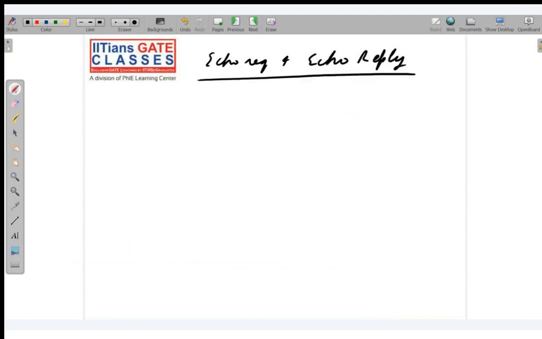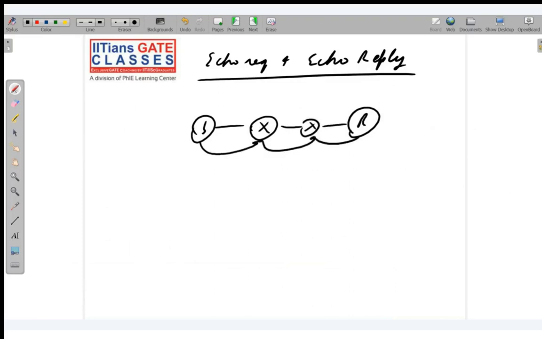Okay, so actually these are messages which are used to check the communication between sender and receiver. See this, sender and this is the receiver. It will send echo request from here, finally the receiver will receive it and it will simply reply. So if sender has sent echo request and it has got reply from the receiver, that means all the routers in between are forwarding the packet properly.